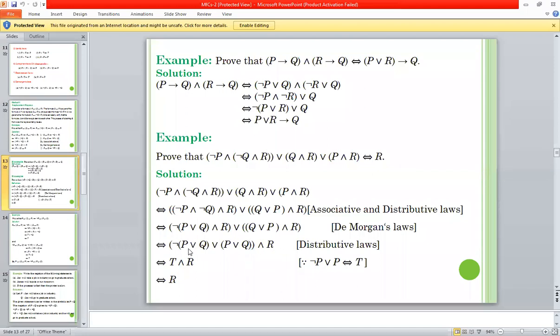So negation of (P or Q) or (P or Q) and R. From the negation law, P or negation P is equivalent to true, we substitute true here and the remaining part is and R. So from the identity law, this value is equivalent to R.